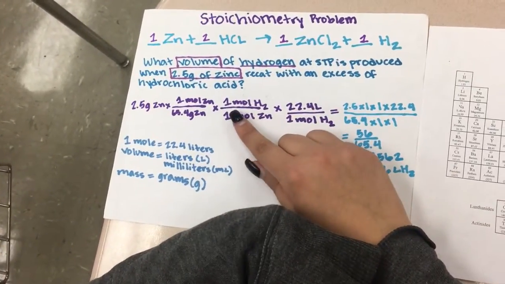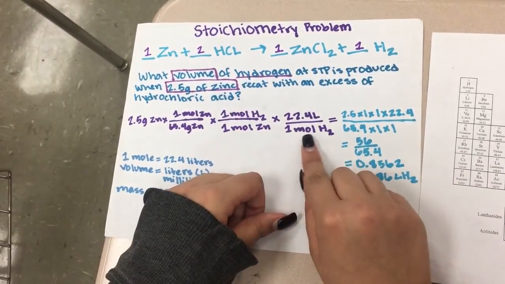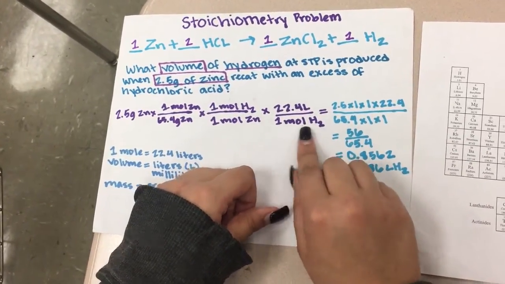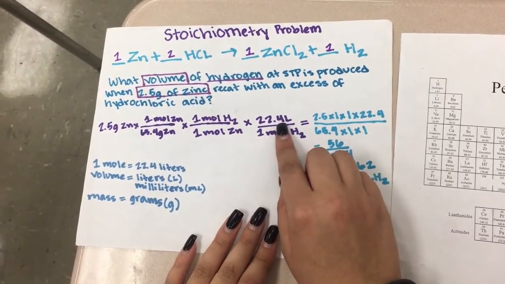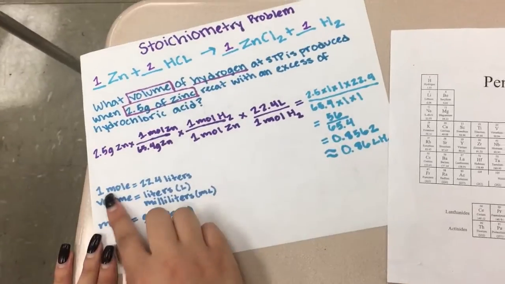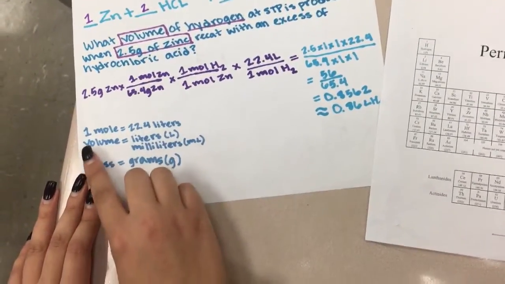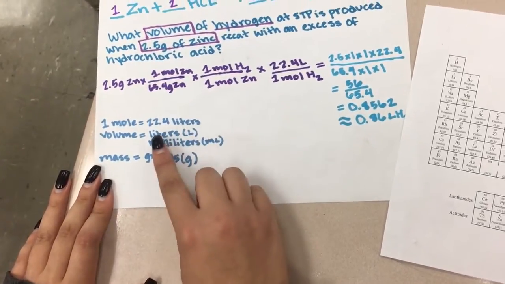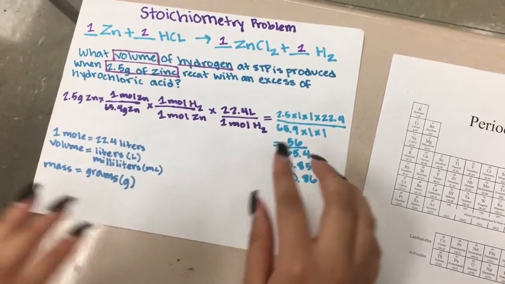The next step is to take 1 mole of H2, put it in the bottom. 1 mole of H2 is equal to 22.4 liters. For volume, there are 2 units, which are liters and milliliters.